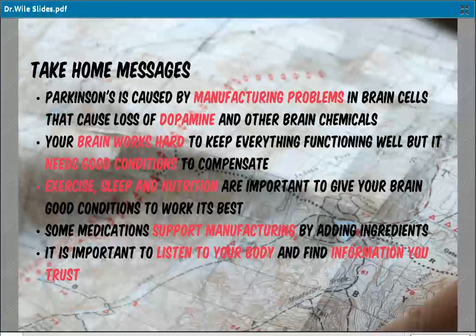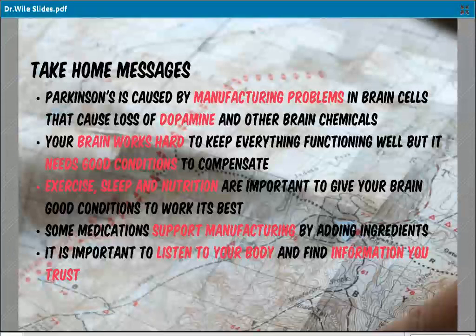So the cause of Parkinson's is really a problem with what's happening inside the cells. So brain cells do a lot of different things in terms of metabolism, and you can think of that like manufacturing, which is a process that requires all kinds of different parts to work.